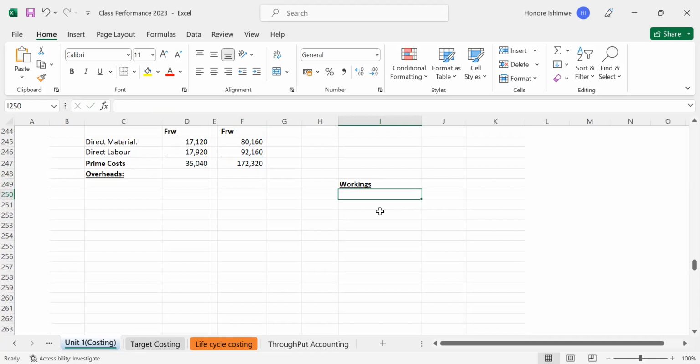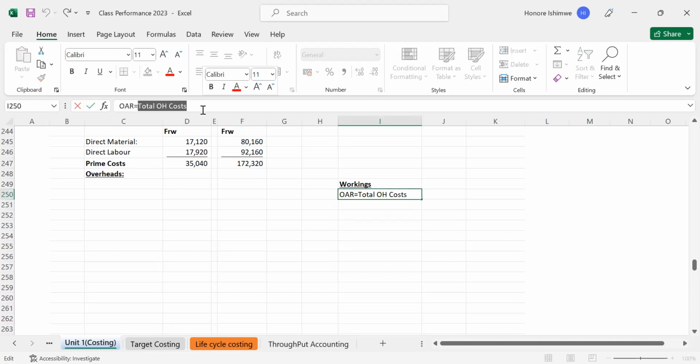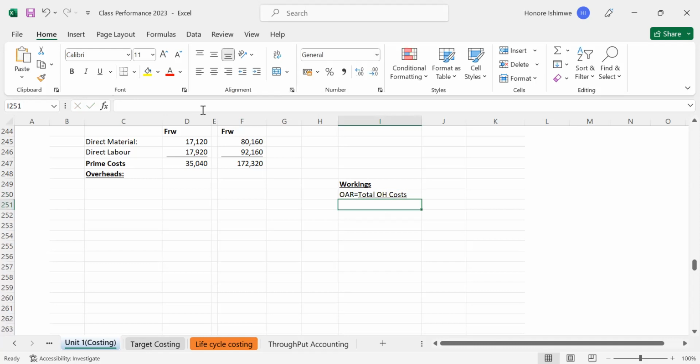You have to first determine the overhead absorption rate, which is total overhead cost. Then you divide it by our basis of apportionment, which would be total direct labor hours.